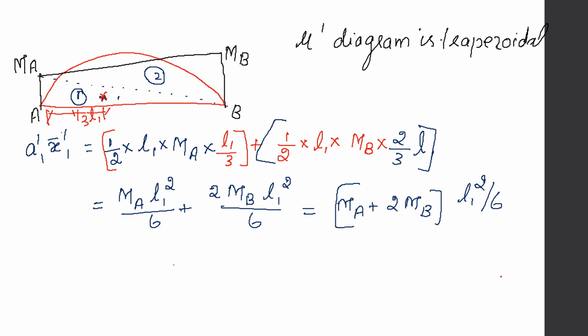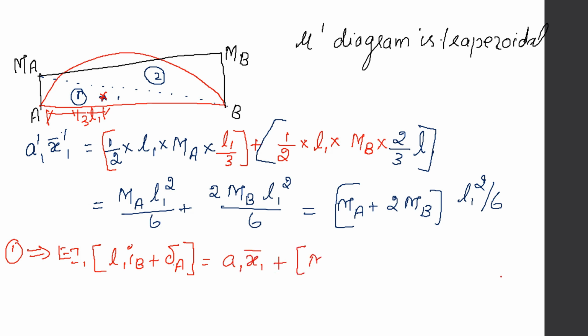Okay. So now our equation becomes EI1 into L1 into IB plus delta A is equal to A1 x1 bar plus MA plus 2 MB into L1 square by 6. That is A1 bar, A1 dash x1 dash bar.